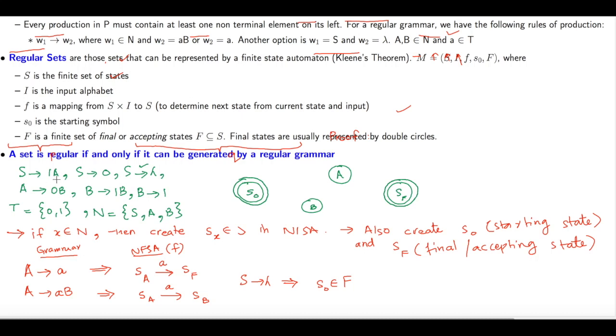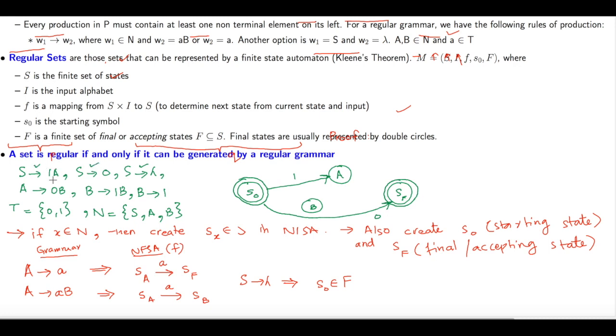Now what does it mean? S goes to 1A. So this means that at an input of 1, I go from the starting state to A. Then S goes to 0 means that this goes here to the final state. That's it, this is taken care of.